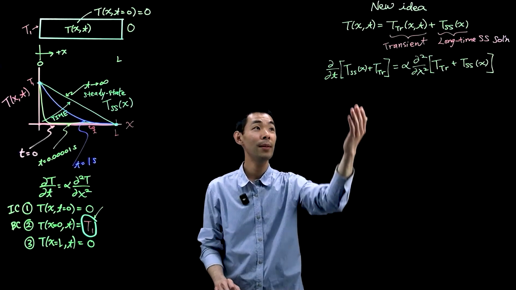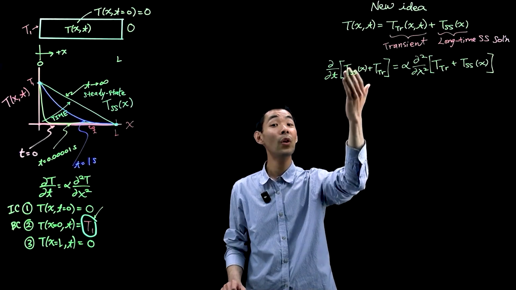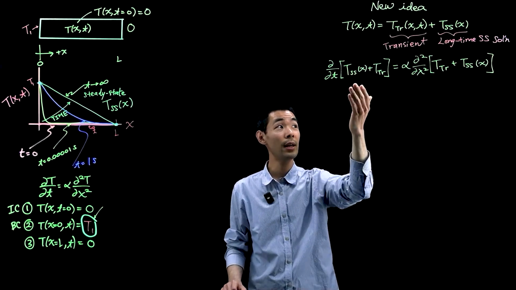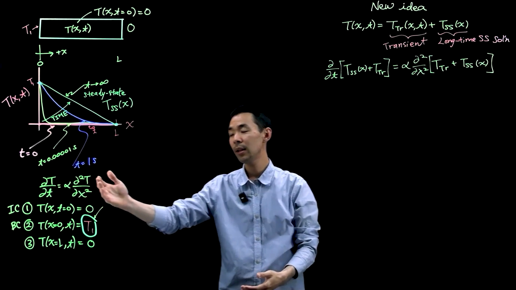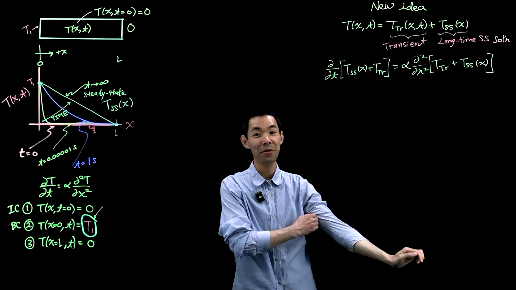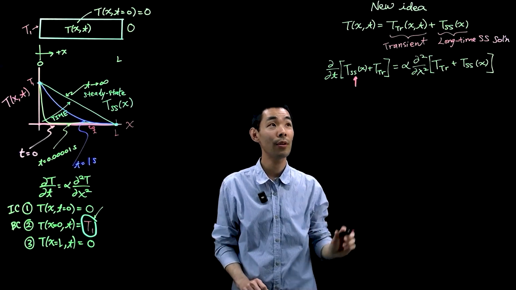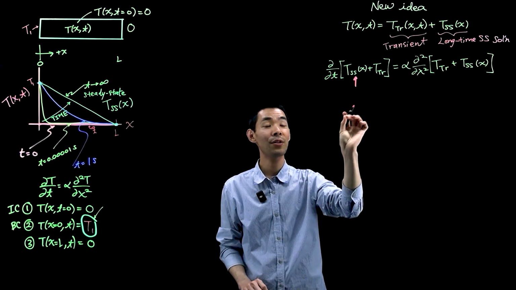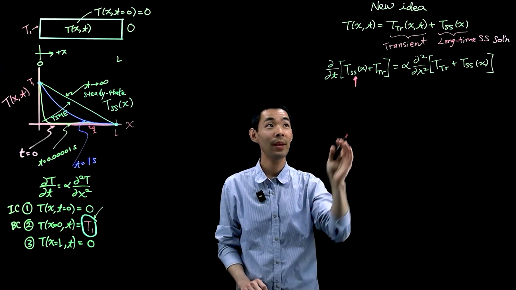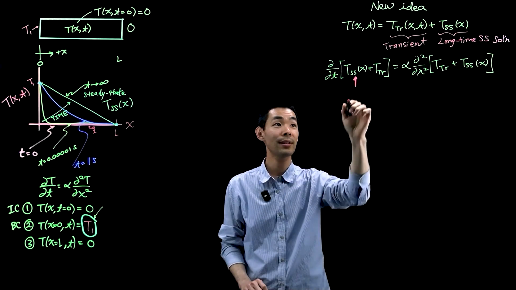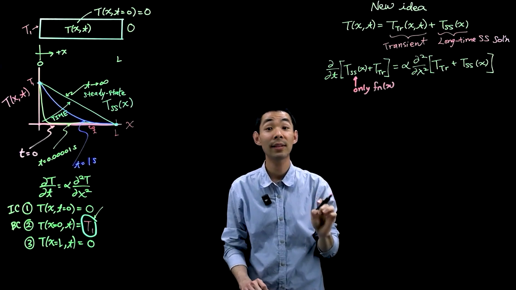Just substituted the assumed form of the new solution, our new idea, into the left-hand side and the right-hand side of the governing equation. Now, I've explicitly written the temperature T steady state as a function of x, the steady state solution, explicitly only as a function of x, right? Because that is the steady state solution.